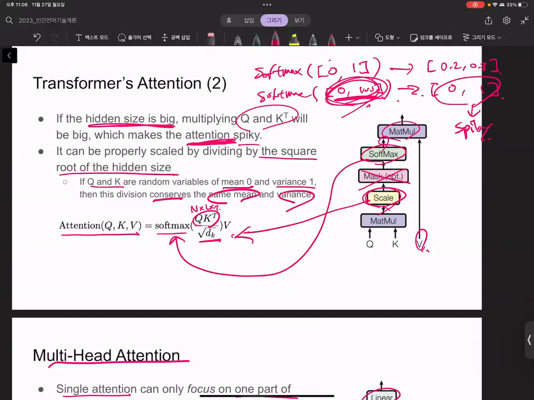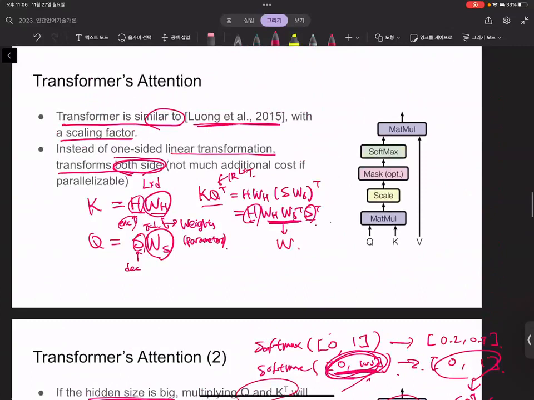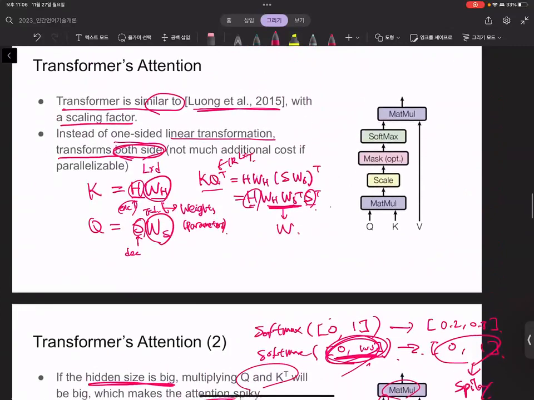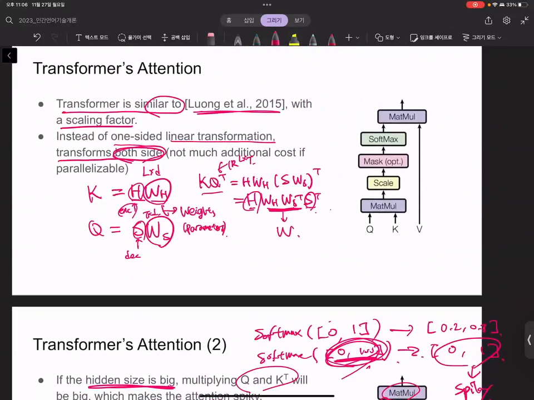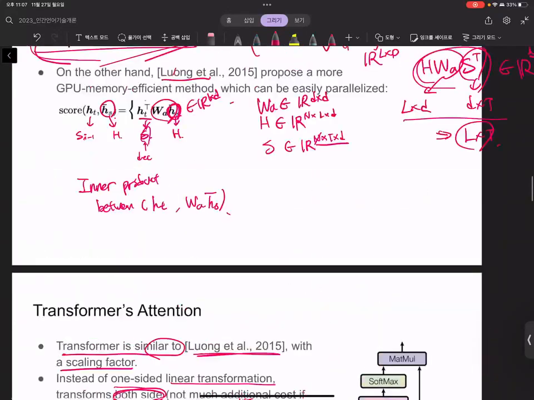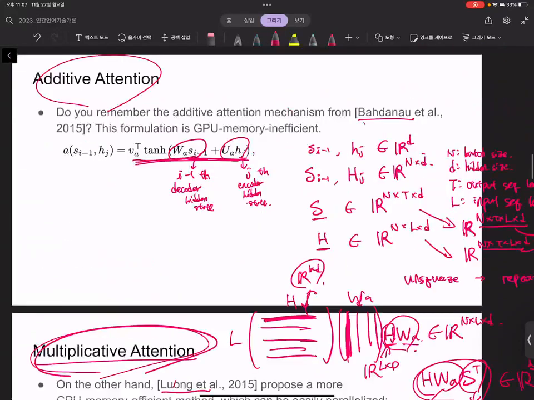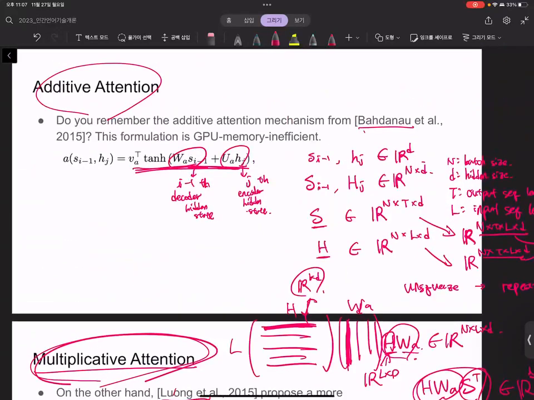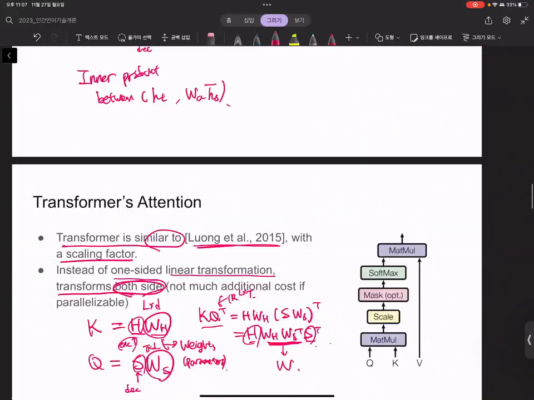Oh, it's weird, I think. S is decoder, right?